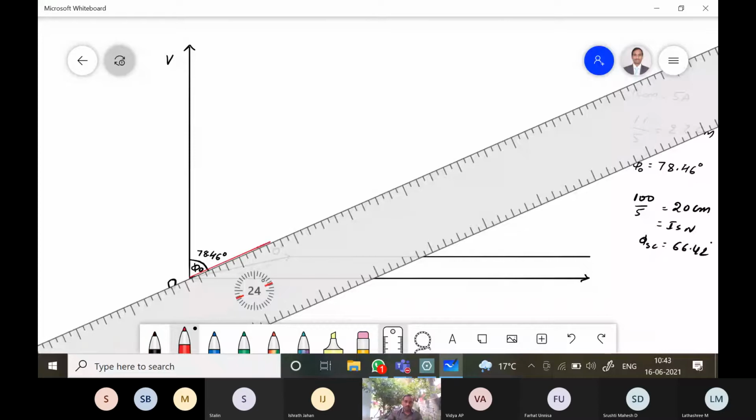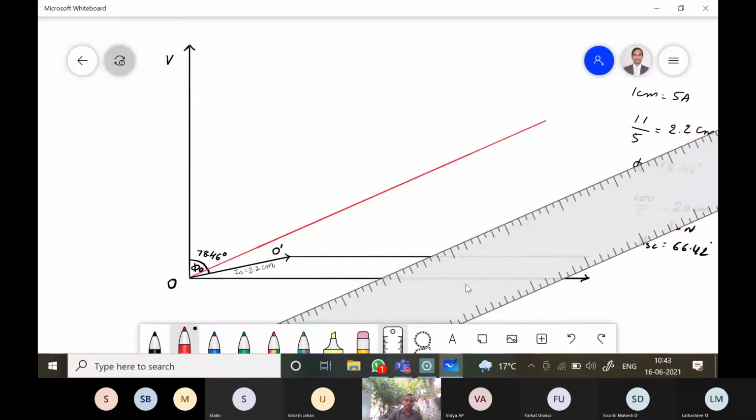So this is called as ISN. 100 ampere means 20 centimeter. So this point is called as A point.